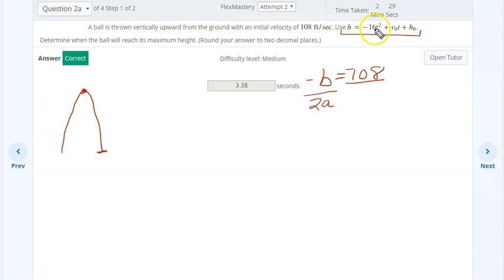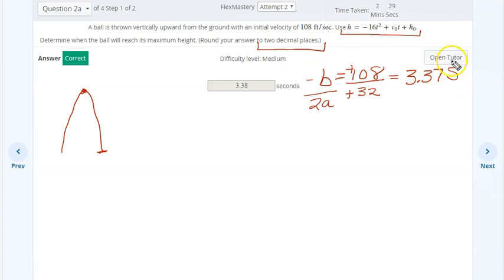So a negative 16 times 2 is a negative 32. So this ends up being a negative divided by a negative makes it a positive. This is going to end up becoming 3.375, I believe.